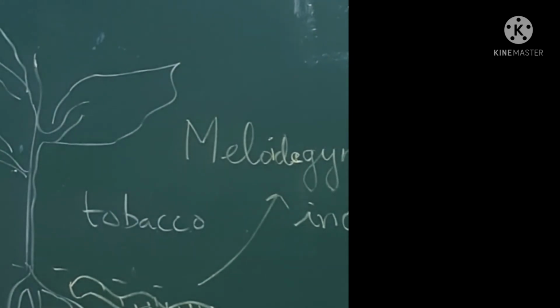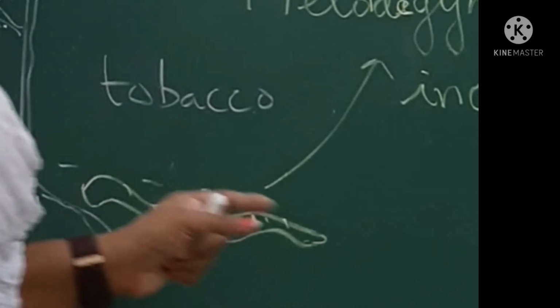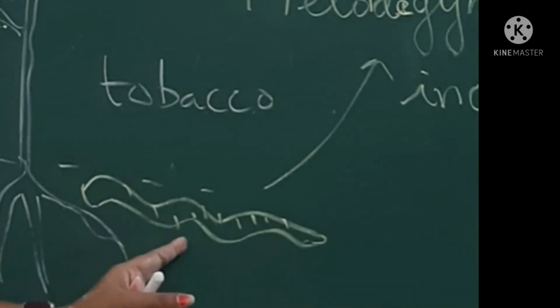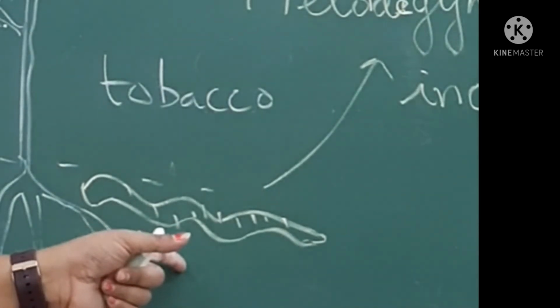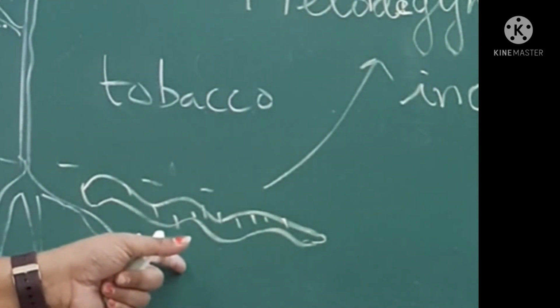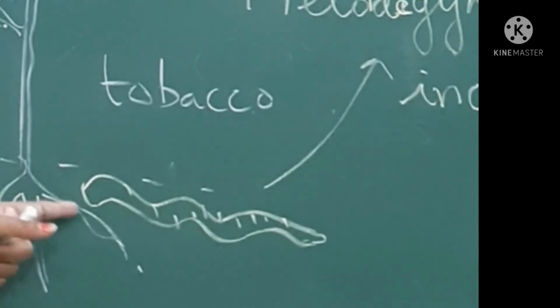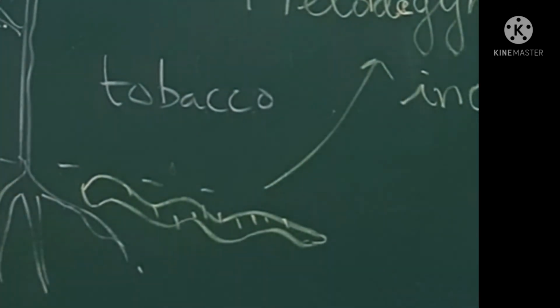In their body, they have one kind of RNA. Some special RNAs are there in Meloidogyne incognita. That RNA is producing a protein that actually causes damage to the roots of the tobacco plant.